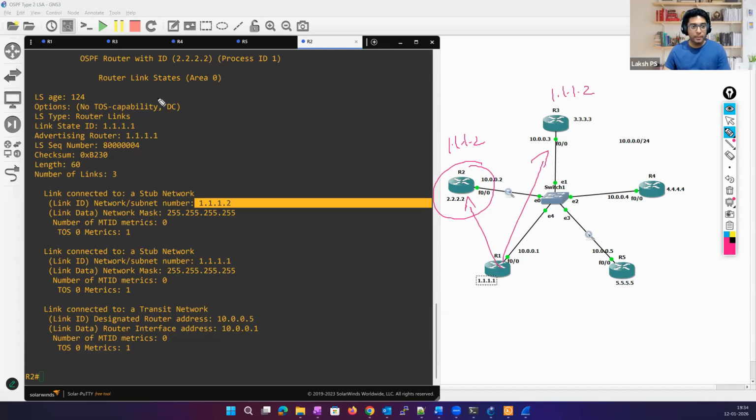So the commands that I told you, do not worry about those commands. We'll talk about them in detail when we discuss the link state update and link state acknowledgement that we saw in the Wireshark capture.